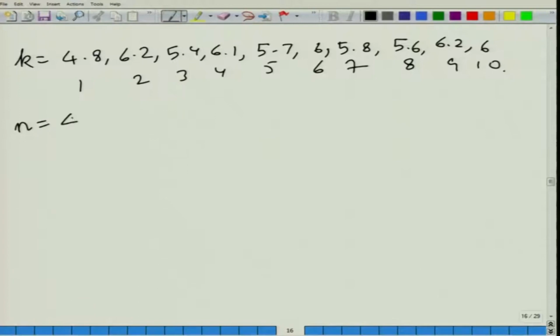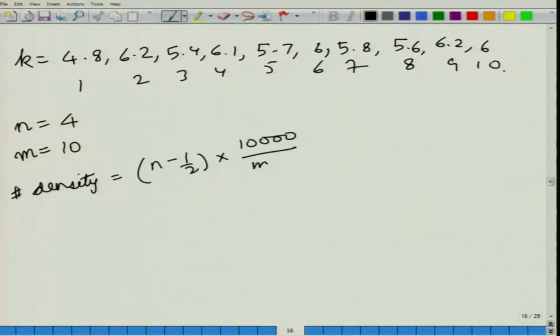N is given to be 4, so it is the fourth nearest tree. M is given to be 10 because we have 10 samples. So, the number density is given by n minus half into 10,000 upon m pi into sum over 1 upon ki square.